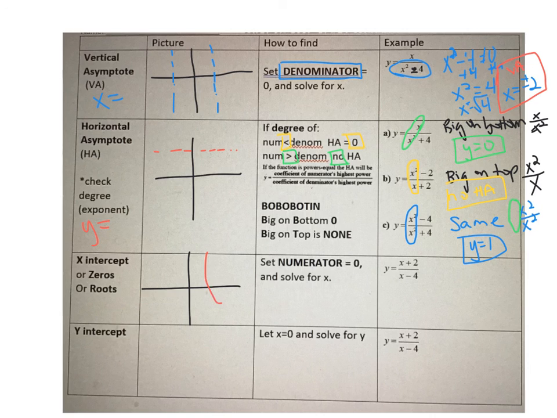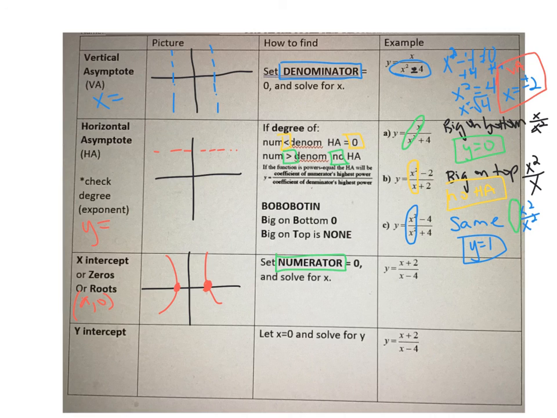Anytime you have a graph crossing the x-axis, the x-intercept is always going to be a comma 0. So how do we find the x-intercept? All you got to do is look at the numerator. So set the numerator equal to 0 and solve.